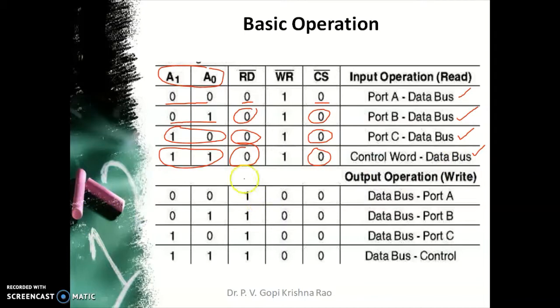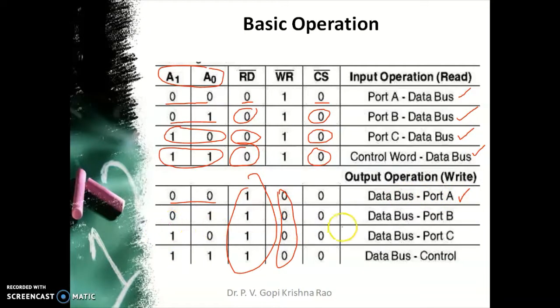When the same input combinations are repeated, the read signal is disabled, the write signal is enabled. You are actually performing an output operation. So when the input combinations are 00, you are writing the values to the device connected to port A through the data bus.